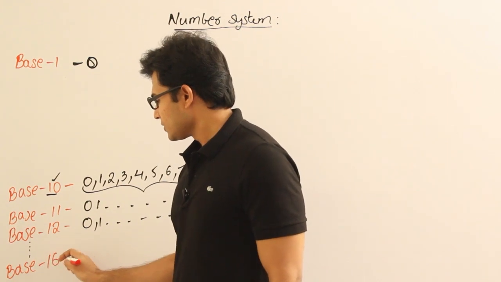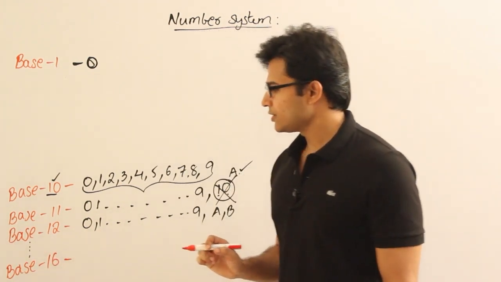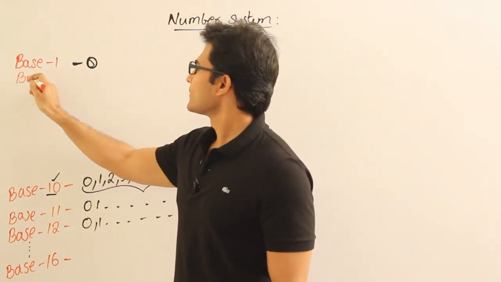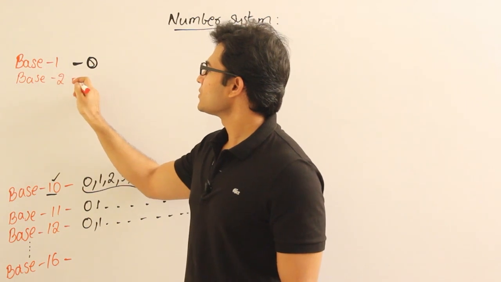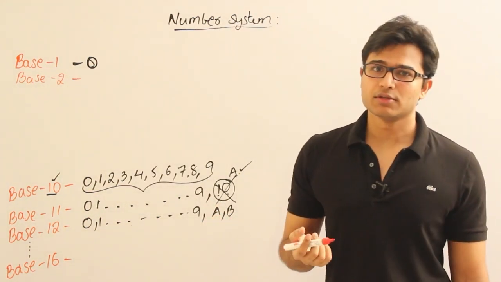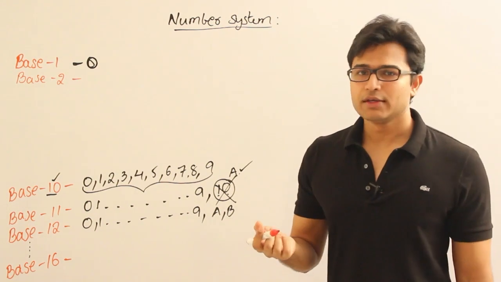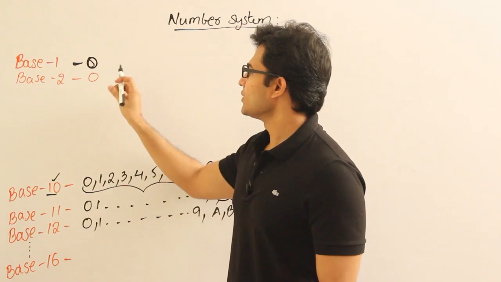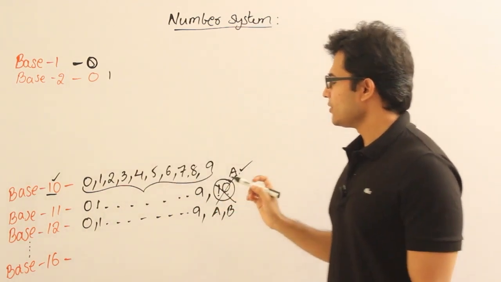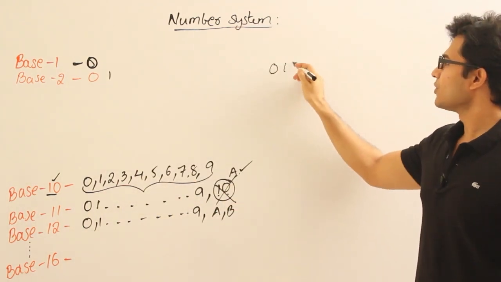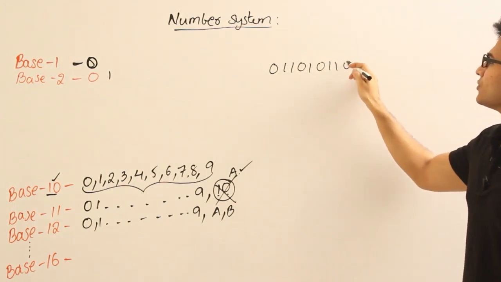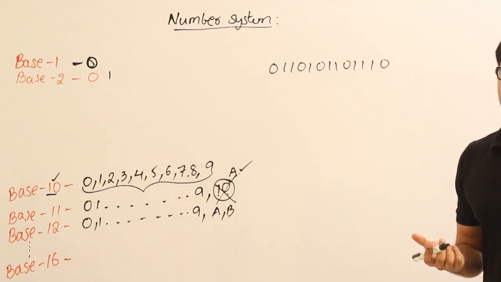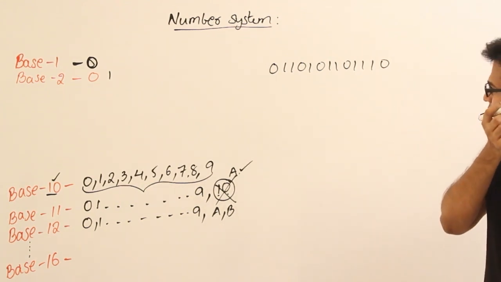So why is base 16 popular? Whenever you write any number in base 2, so we have base 2. Base 2 is the most popular number system, the binary number system, which is used in computers. As you know, on and off, 0 and 1, it contains 0 and 1. So if you have to represent a very big number like 0 1 1 0 1 0 1 1 0 1 1 1 0, and you have to read this number and explain it to someone, it is going to take a lot of effort to remember it.